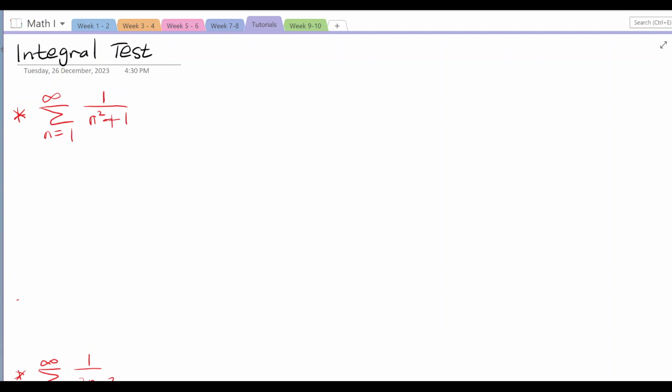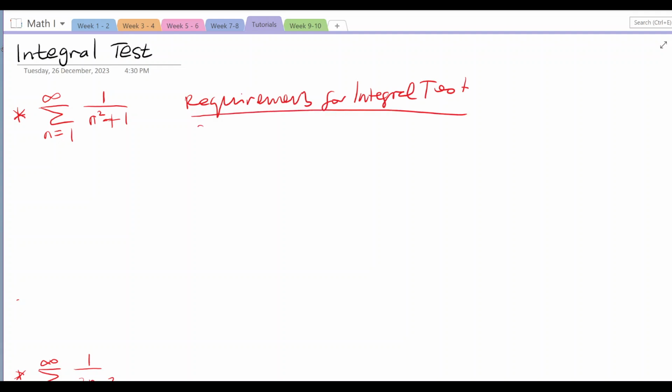Let me just write down the requirements for the integral test. For n greater than or equal to 1, the series must be: number 1, positive, meaning greater than 0.